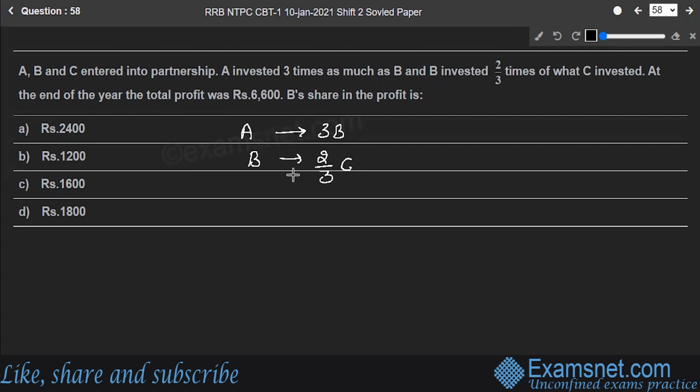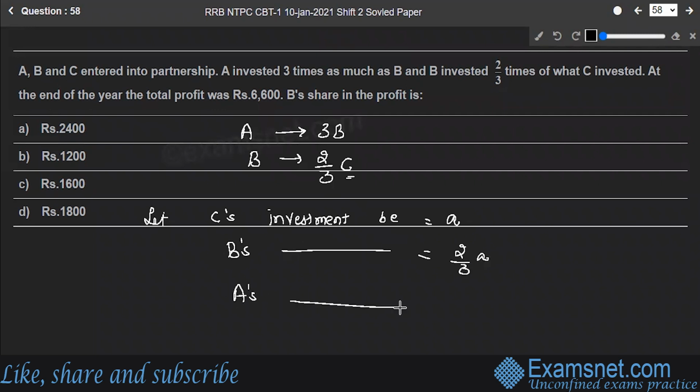So first of all, I'll assume C's investment. Let C's investment be small a. So what will be B's investment? 2 by 3 of a. And what will be A's investment? 3 into 2 by 3 of a, which is equal to 2a.